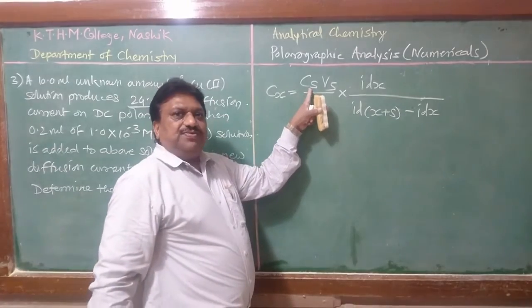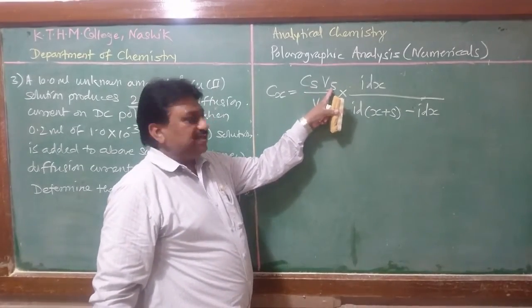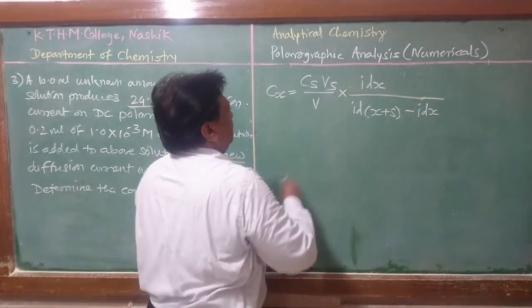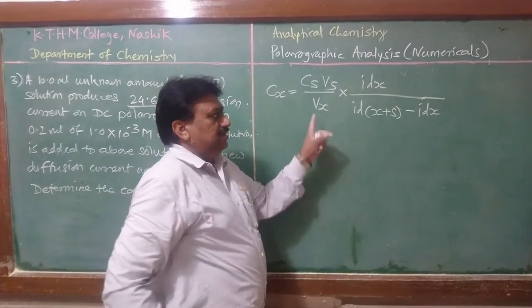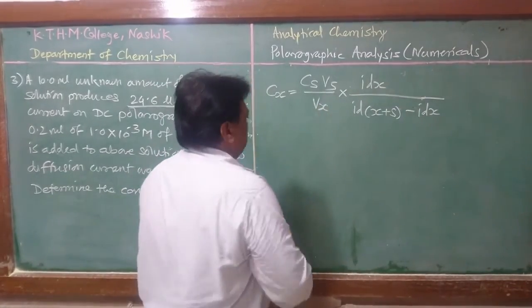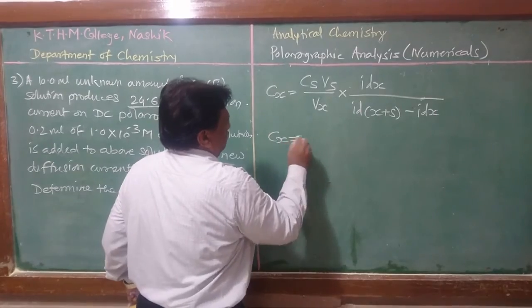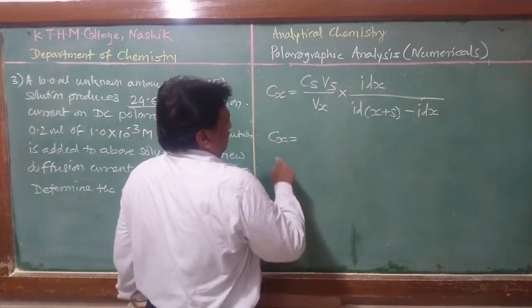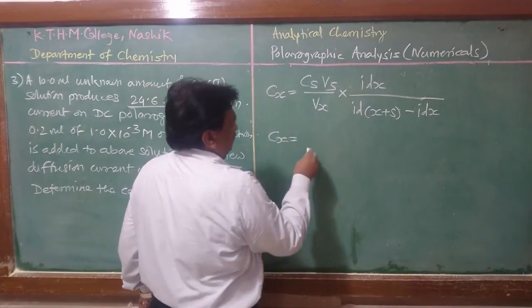Here concentration of standard, volume of standard, upon volume of sample. By using this formula we can find out the concentration of copper in the sample.